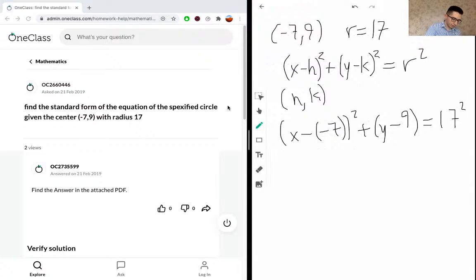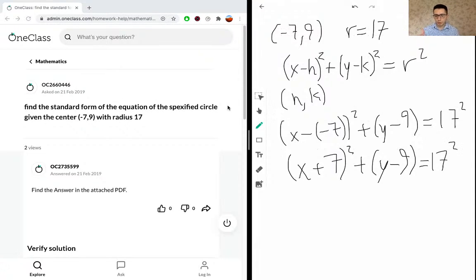To simplify further, we have (x plus 7) squared plus (y minus 9) squared equals 17 squared. You can expand out the squared, so 17 squared here is 289. But essentially, this is the standard form of the equation for a circle with those given values, the coordinates -7 and 9.